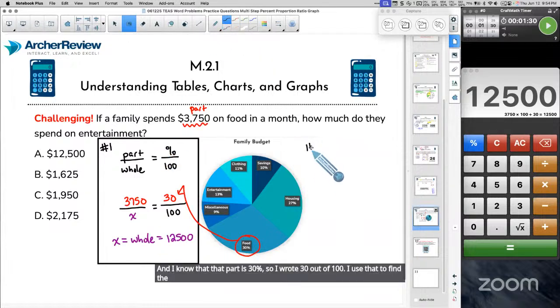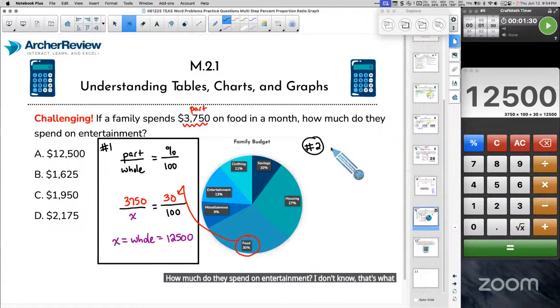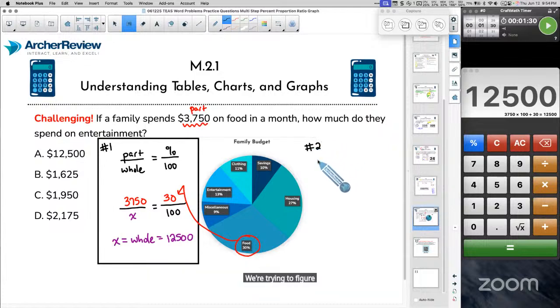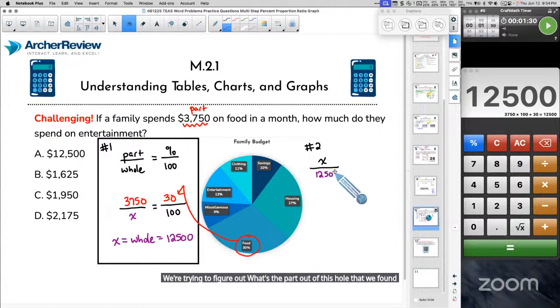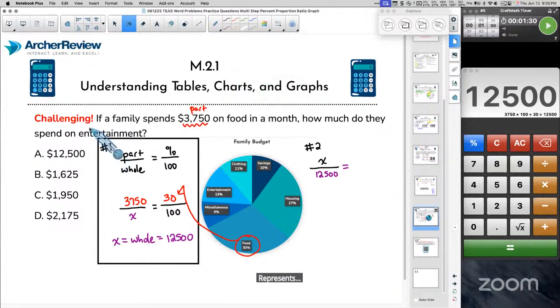Now for our second step. How much do they spend on entertainment? I don't know. That's what we're trying to find. We're trying to figure out what's the part out of this whole that we found. When we found the whole to be $12,500, we're trying to figure out how much out of their whole budget represents entertainment.